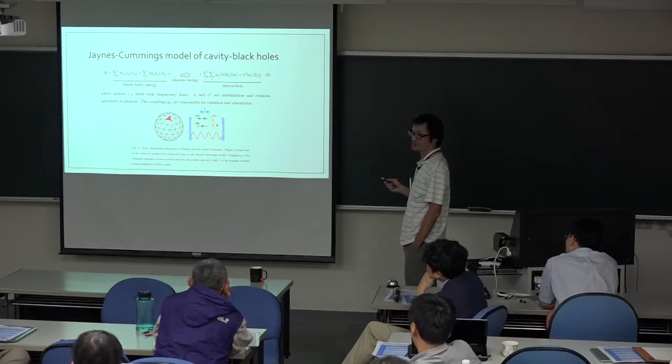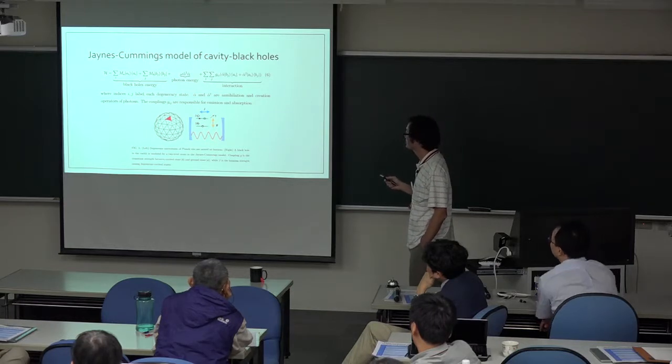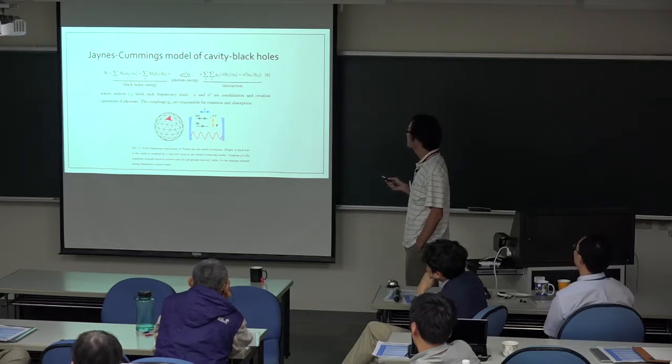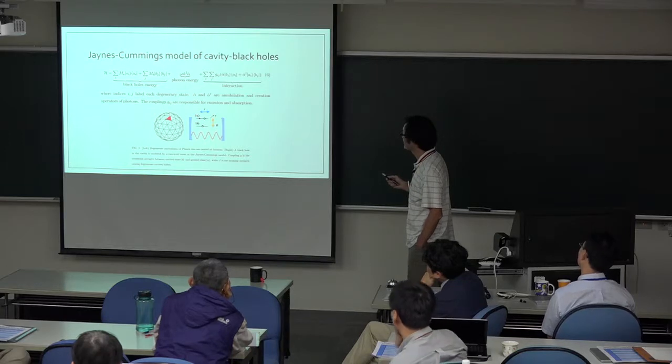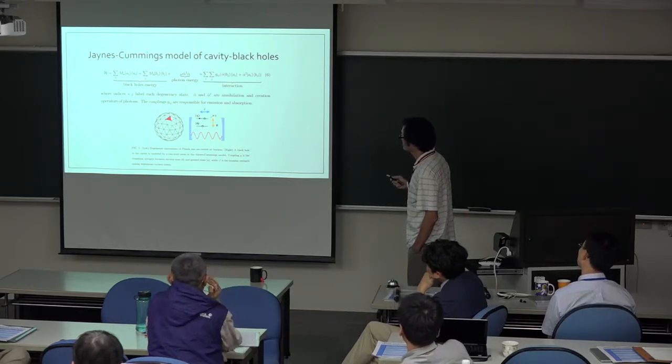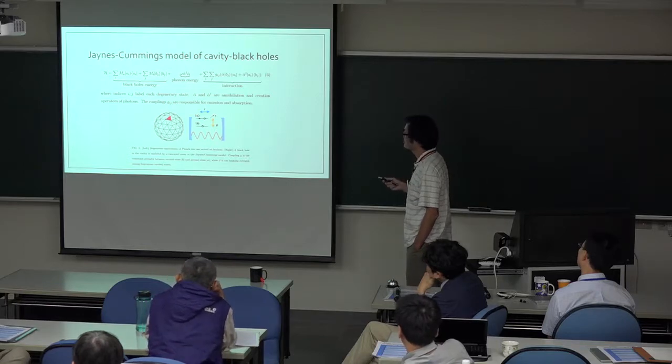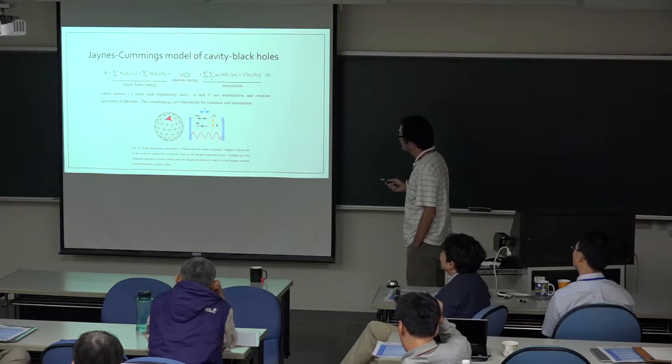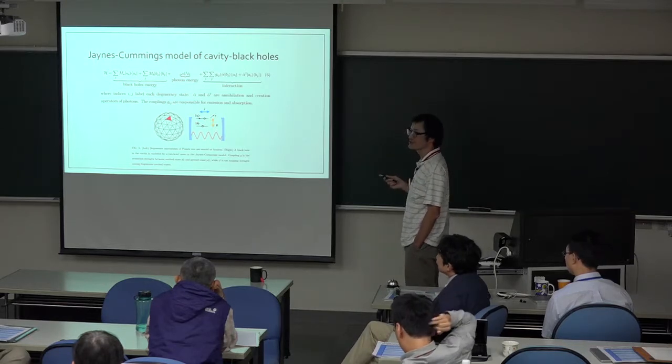This is where we want to store the information. And this is just the interaction. So this is a straightforward generalization of the Jaynes-Cummings model for a two-level system but with a lot of degeneracy.